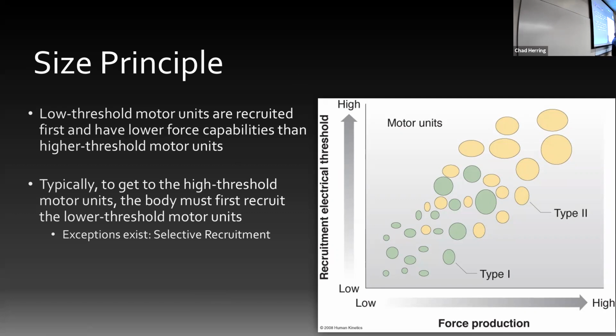Aerobic is more type 1, the low threshold. Just look at this. So we need those.